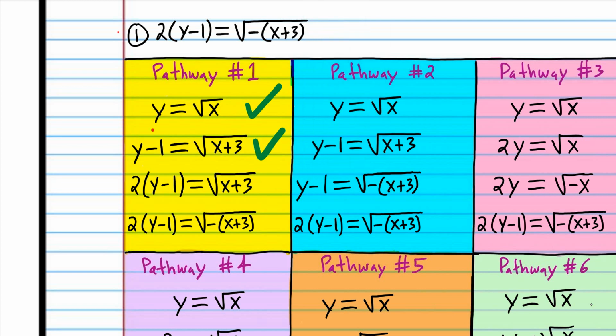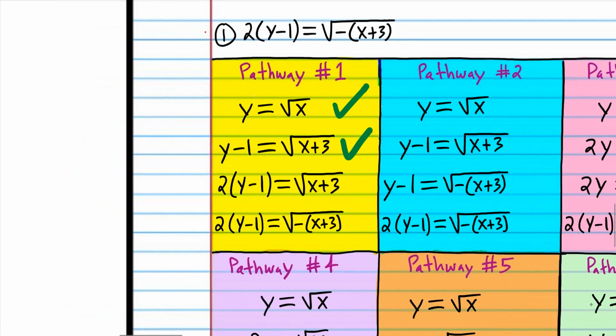We're then multiplying y minus 1 by 2, because obviously we have a 2 multiplied into y minus 1. There's nothing wrong with that. We're building the correct equation, but the problem is the transformation properties don't tell us what to do in that situation.